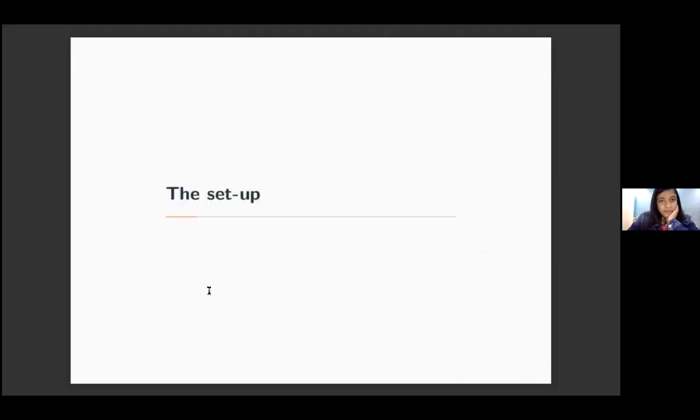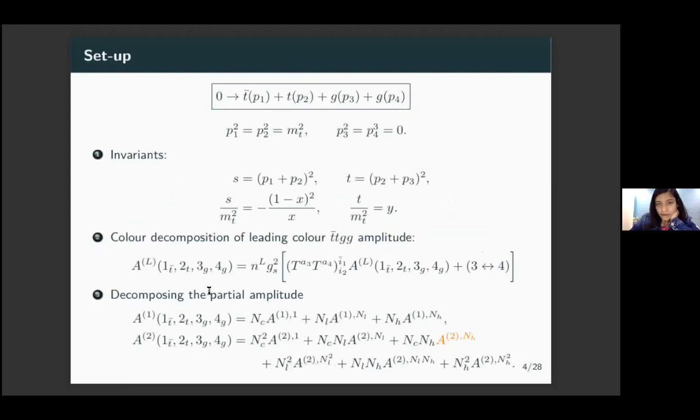To set up my process, I'm going to talk about a general scattering t t-bar glue process, and I have two Mandelstam variables there. All the external legs are on shell, and so there are two invariants, S and T, for this process, which are shown here.